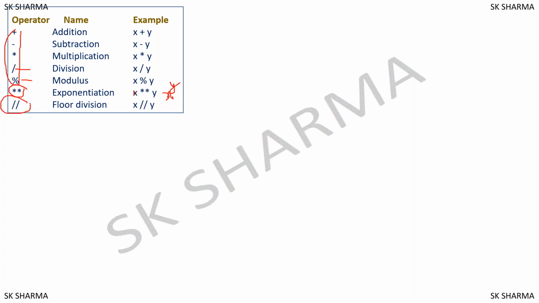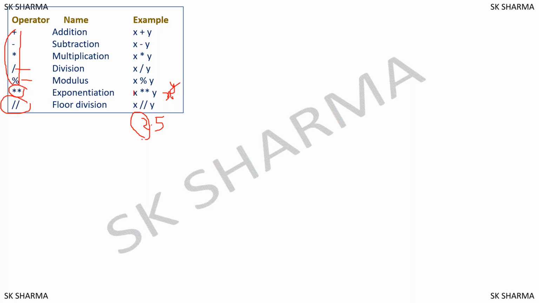And what is floor division? Floor division removes any values after the decimal. Just to explain, suppose the result of division is 2.5. Then 2 is the floor value.